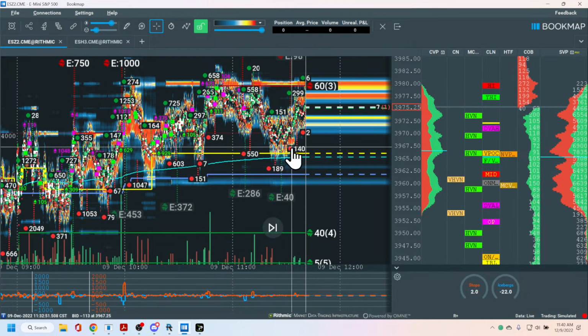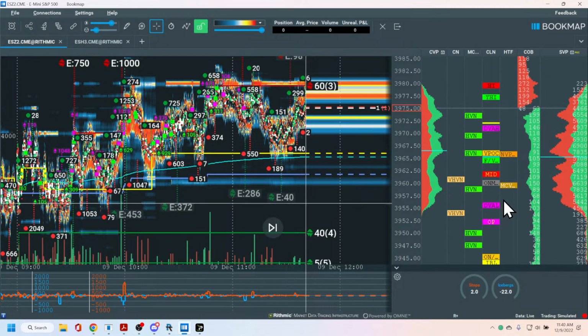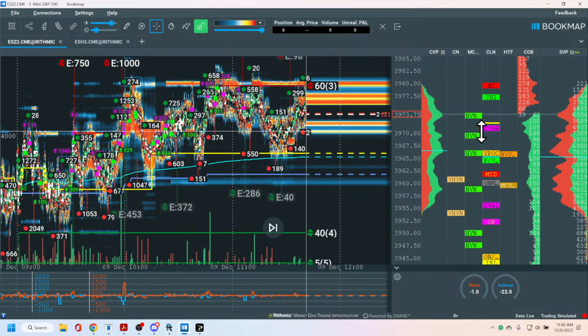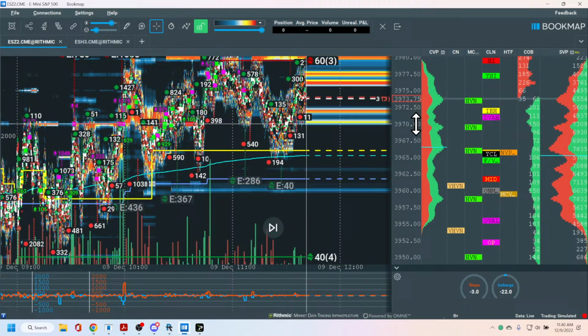Price check. Well, the big aisle, this is the price check in the big aisle, but, and too low. VPOC migration. And we have a trader that's been focused on the IB failure, which is the short off of this yellow, which is the IB. And he's doing a great job.